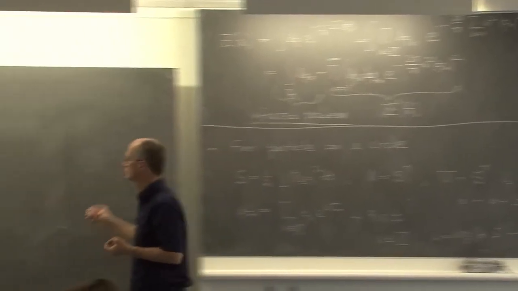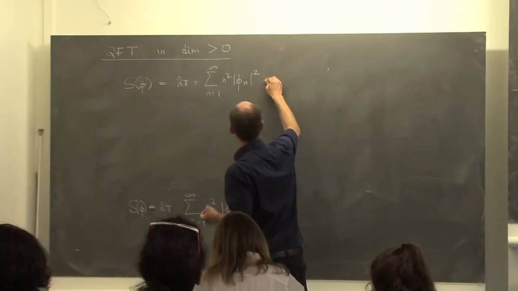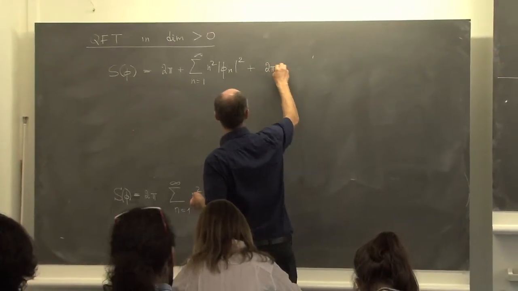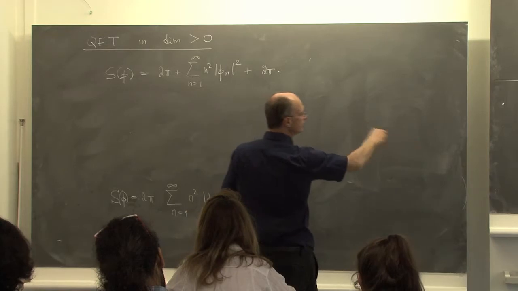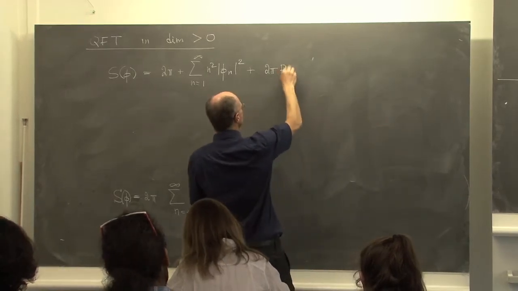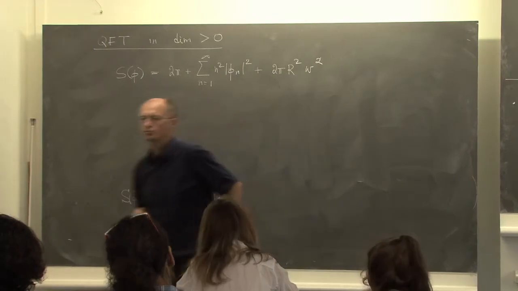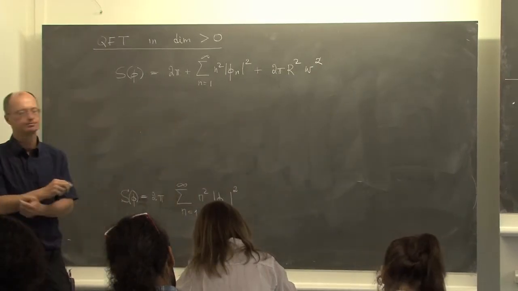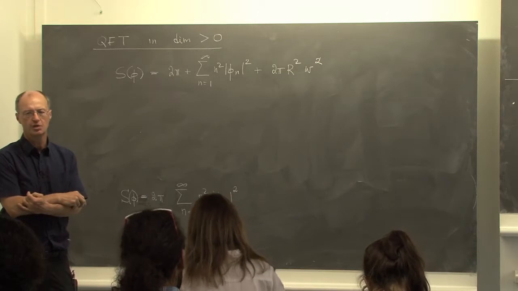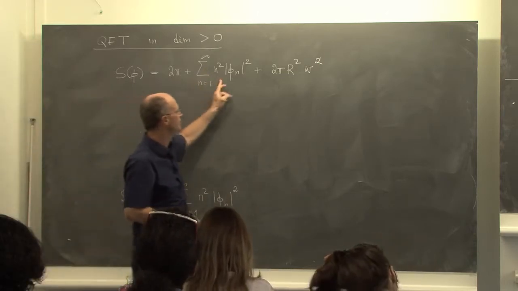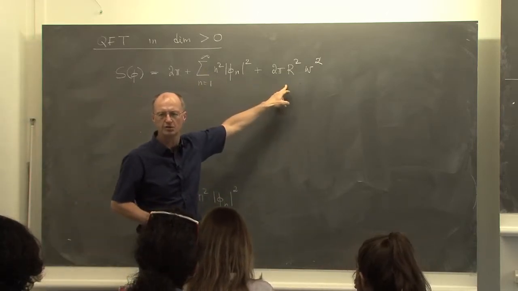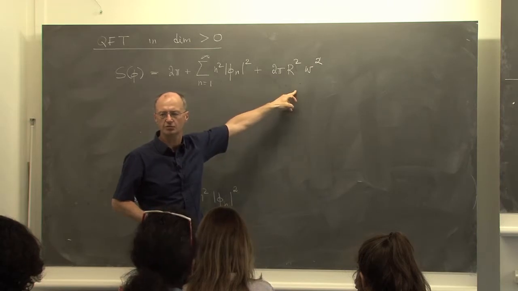Yeah. So it's r squared. Yeah. So there will be like the length of the circle times the square of the derivative, which means times r squared times w squared. Right? So that would be the extra term. And why, just a test question, why are there no mixed terms which involve phi n and w?